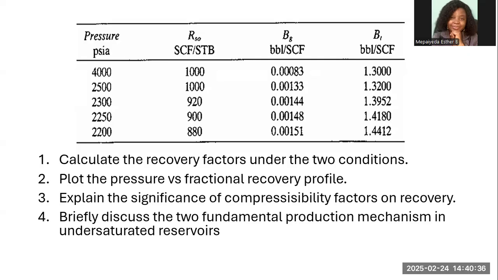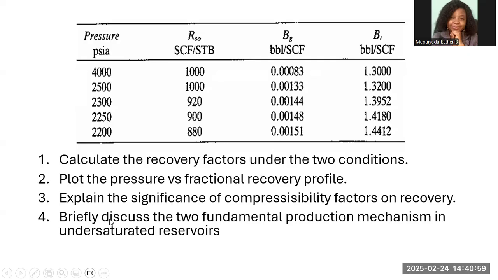So what happens? Does it have effect? Is it significant? Can we underestimate the value of our fractional recovery while neglecting compressibility factor?